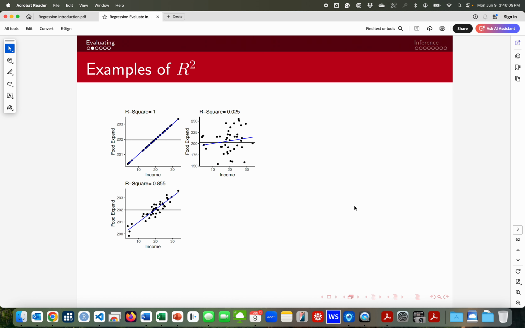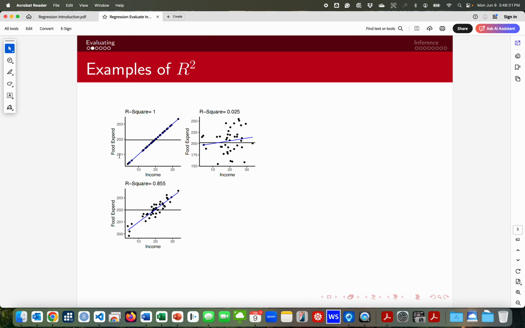Let's look at a couple of examples that will help you visualize what the R-square is actually doing. In this first plot, again, this is made up data, so ignore the actual values. This line, just under 202, is the average value for food expenditure in this example.